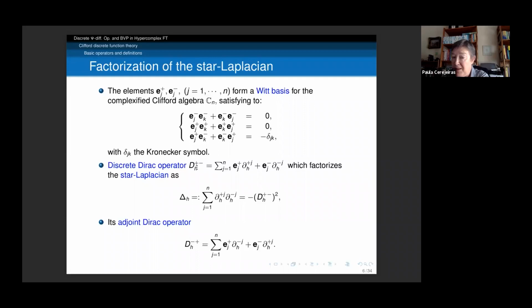So you have a discrete Dirac operator and you have the adjoint Dirac operator. You put in the e plus direction the forward derivative and in e minus the backward derivative, or vice versa. Since e_j plus squared is 0, each time I multiply by e plus, I annihilate this term. So they act also as a kind of projector.